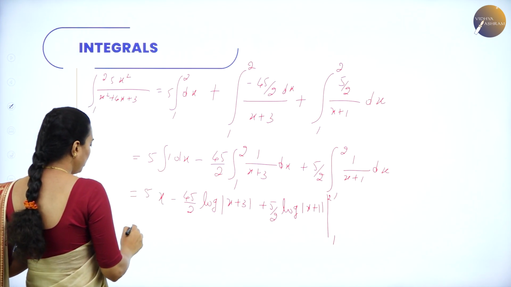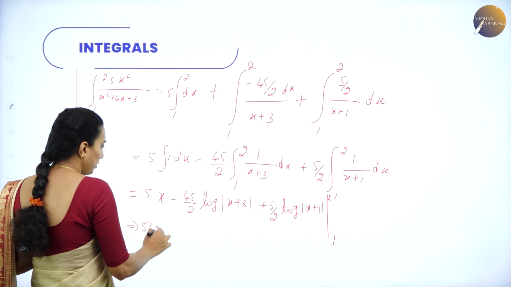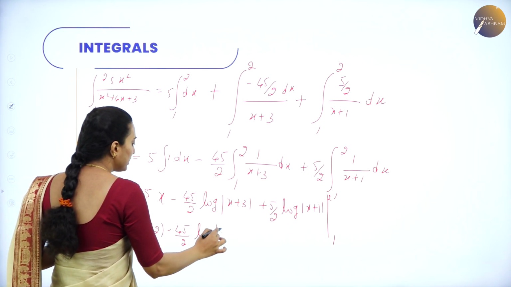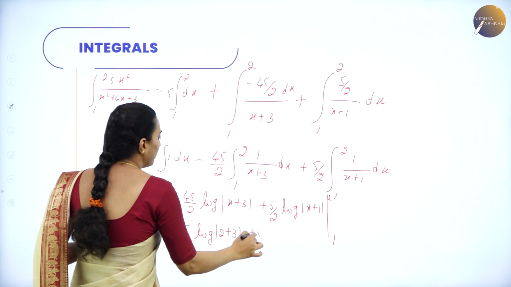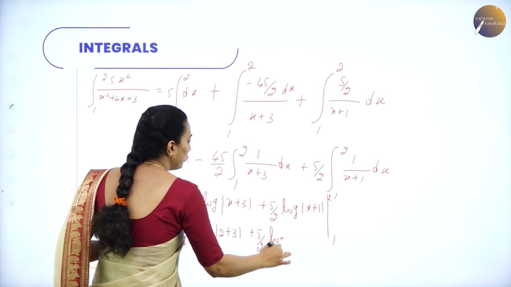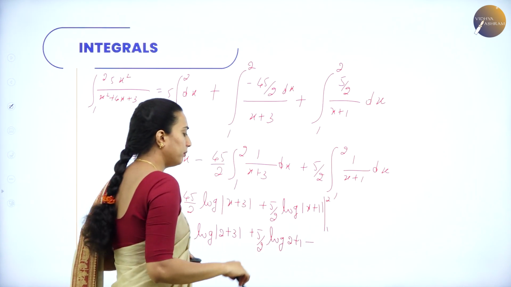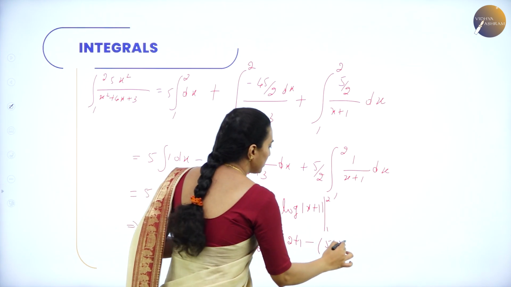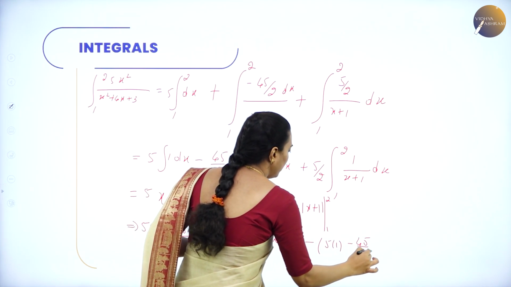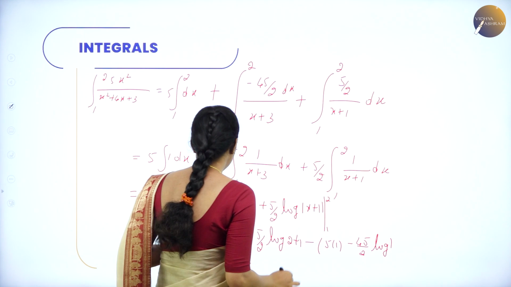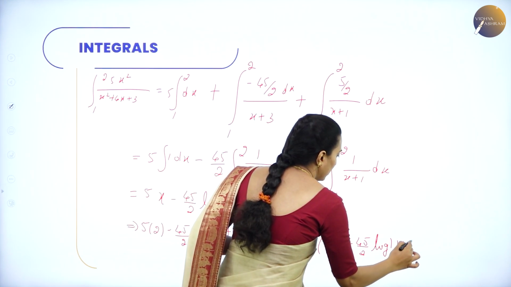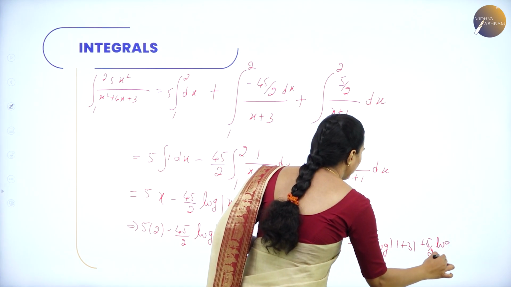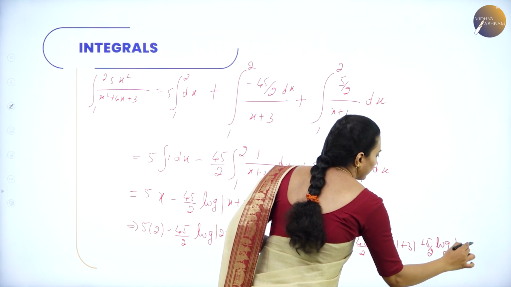So applying the upper limit 2: 5 into 2 minus 45 divided by 2 into log of 2 plus 3, plus 5 by 2 into log of 2 plus 1. So you can open the bracket over here, which will come 5 into 1 minus 45 by 2 into log of, replacing x as 1 plus 3, plus 5 by 2 into log of 1 plus 1.